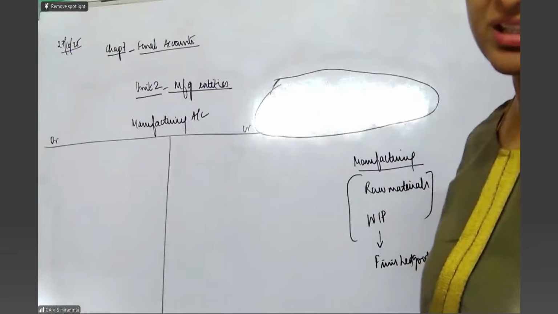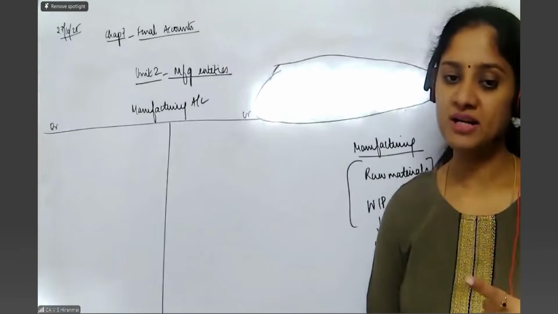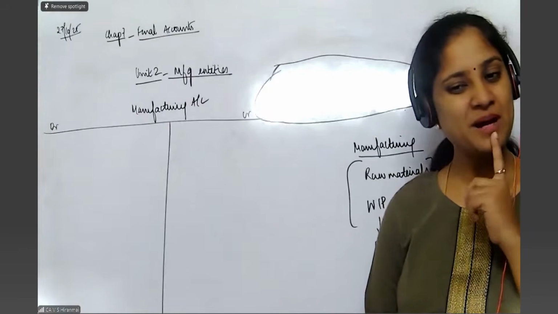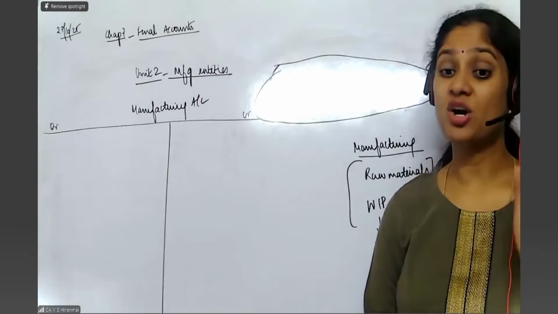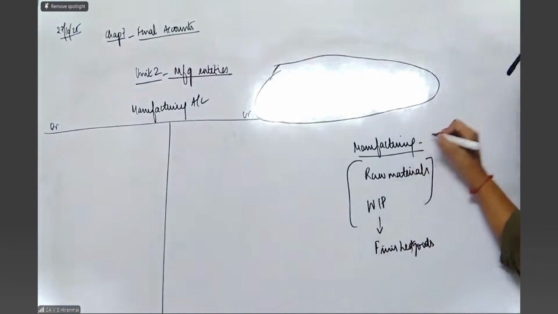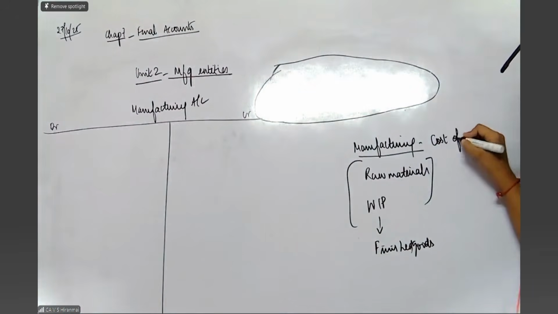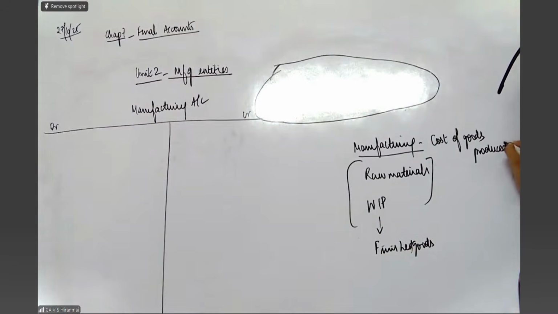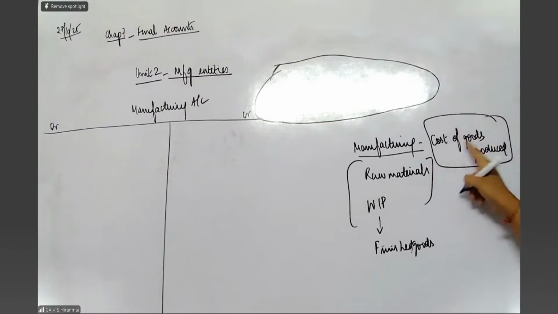It is not profit that you are calculating. Trading account gives you gross profit. P&L account gives you net profit. The manufacturing account gives you the cost of the goods produced. The cost of those goods that you produce will be given here.